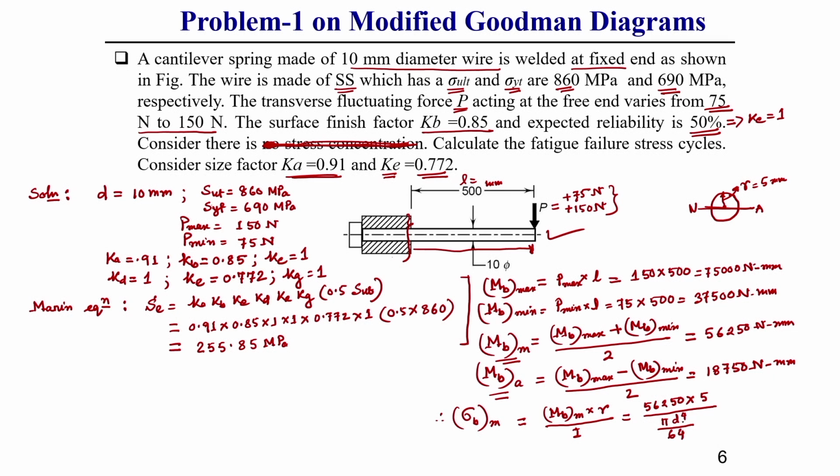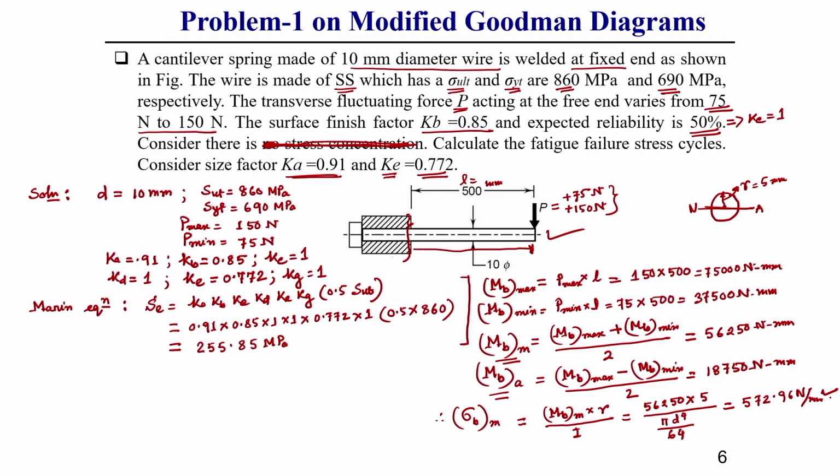After putting d equal to 10, we will get sigma m equal to 572.96 Newton per mm square.